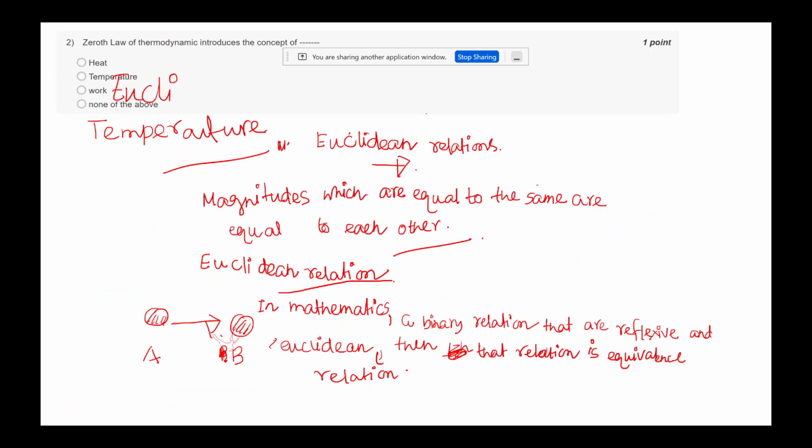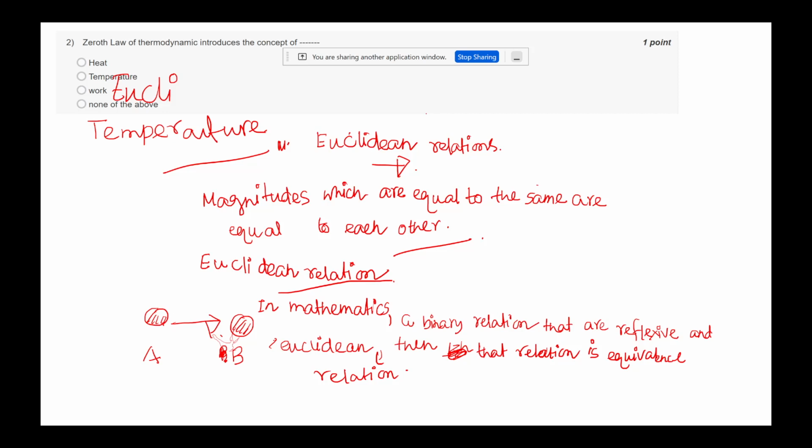Since this is an equivalence relation, we can compare those systems which are in thermal equilibrium. That's why the zeroth law talks about a variable which can be tagged to all the systems in thermal equilibrium, and phenomenologically we know that it is temperature.